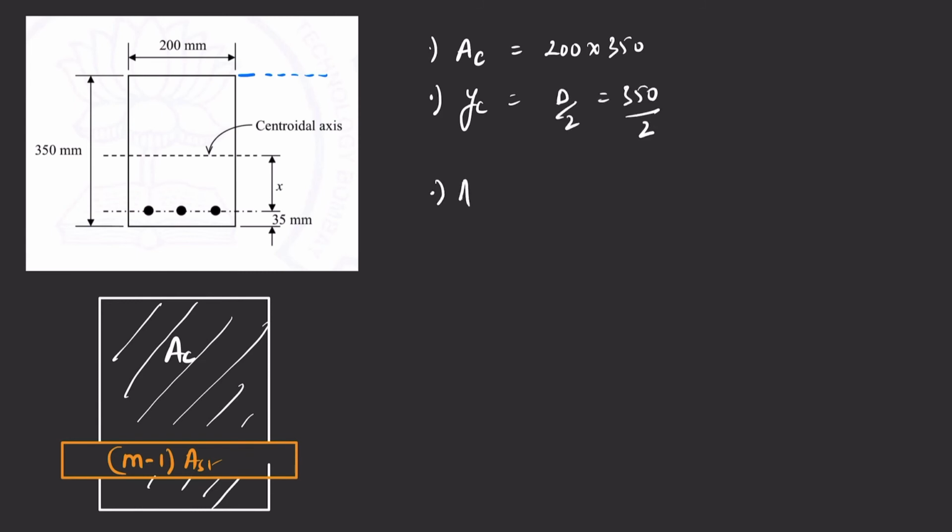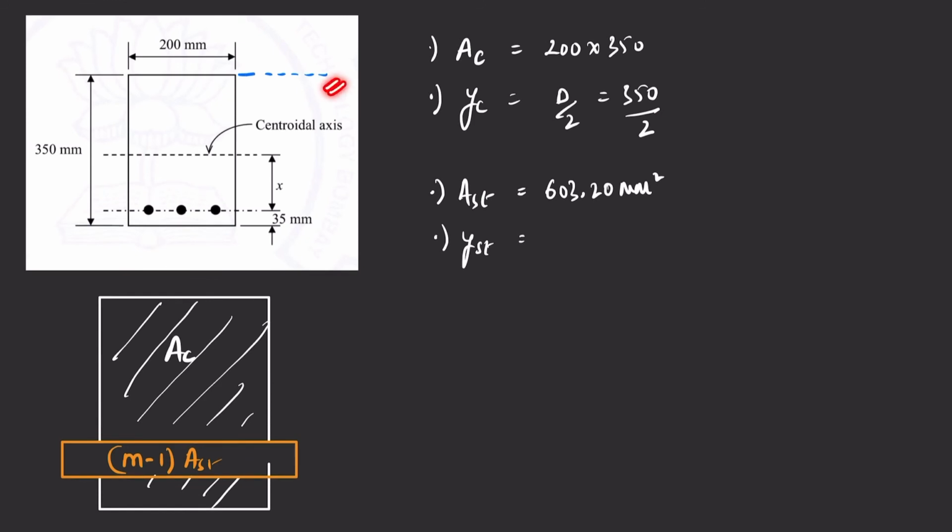For the steel, the area of steel will be equal to 603.20, which we already calculated before, and the depth of the steel from the reference point is this, right? So this is 350 minus 35, which gives us 315 mm.